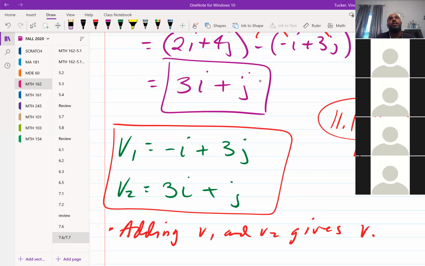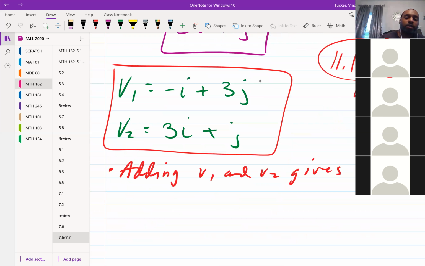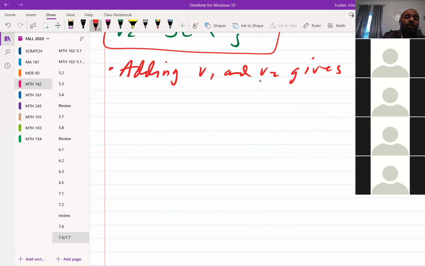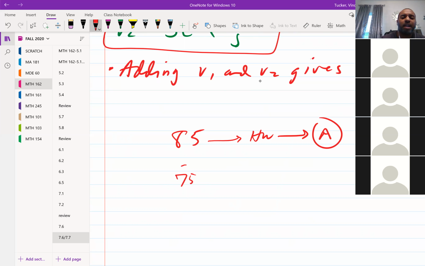Well, the major part of your grade will be your test. The way my class is set up, if you have a test average of at least an 85 and you did all of your homework, then that'll take you up to an A. If you want a B, then you have to at least have a 75 test average and your homework done. I would say at least a 75 on your homework if you're trying to get a decent amount of credit for them.